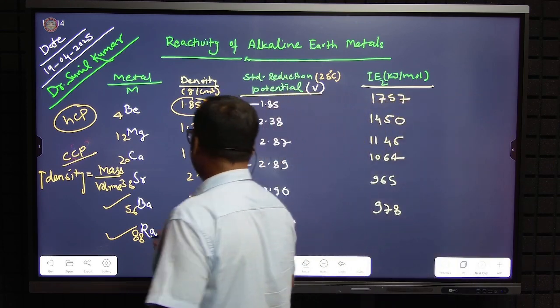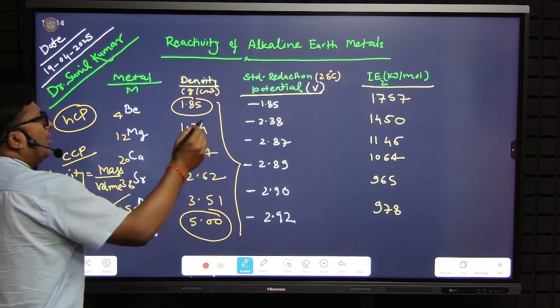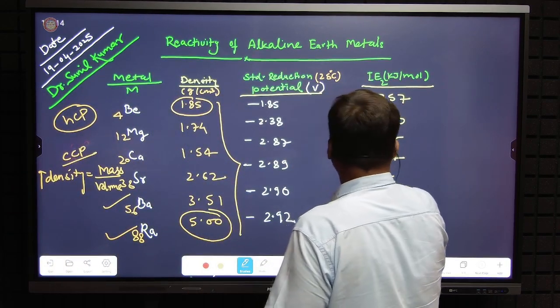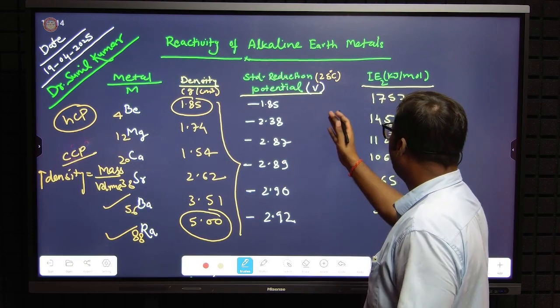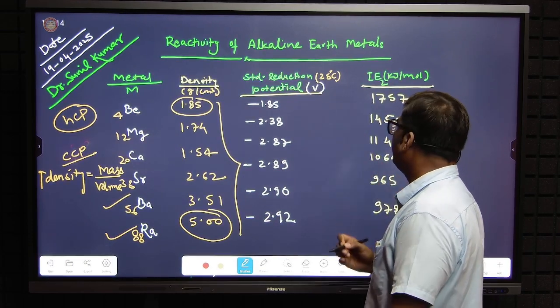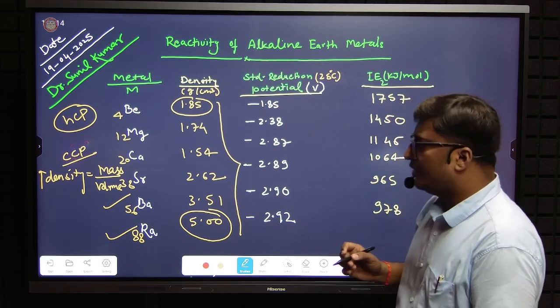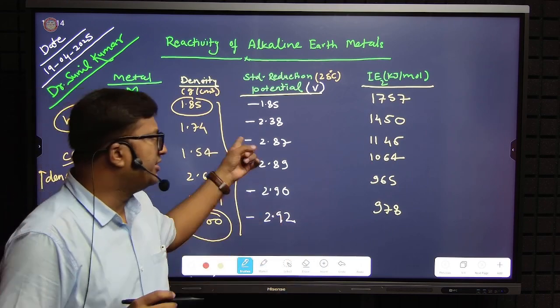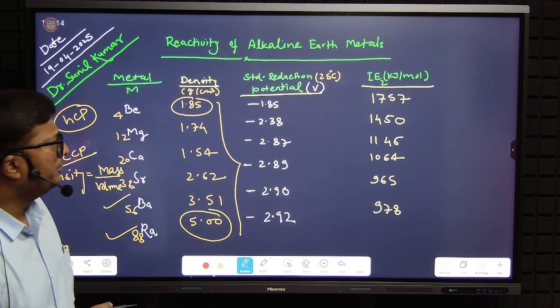Now if we come across the standard reduction potential in volt at 25 degrees centigrade, what does this data indicate?